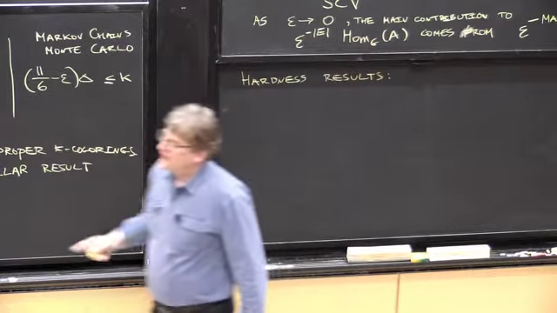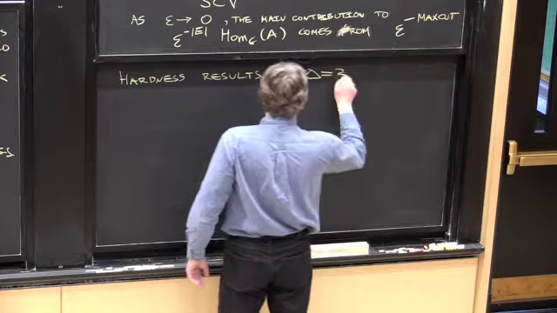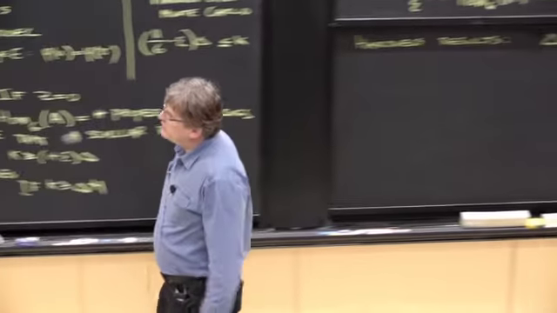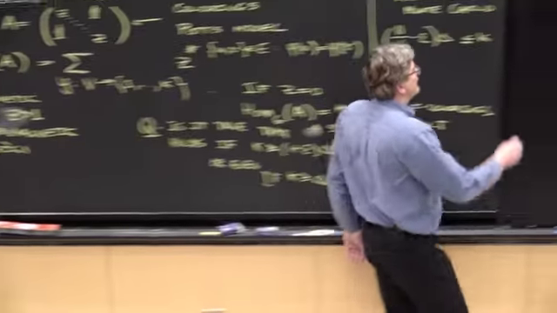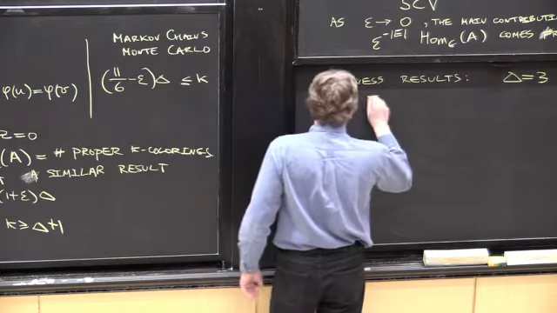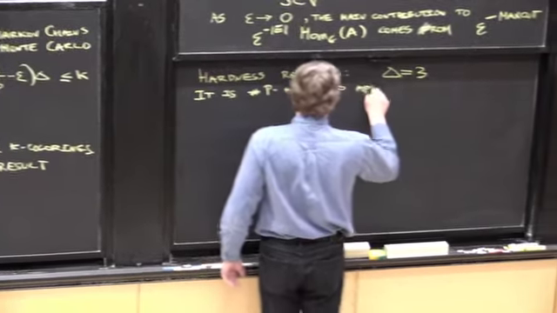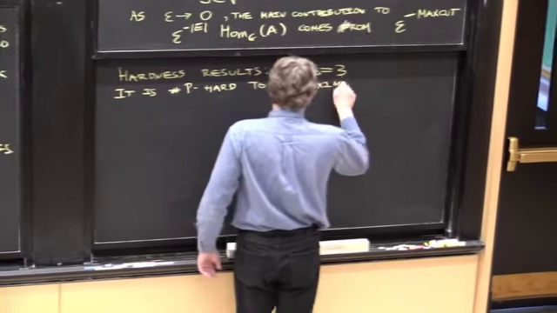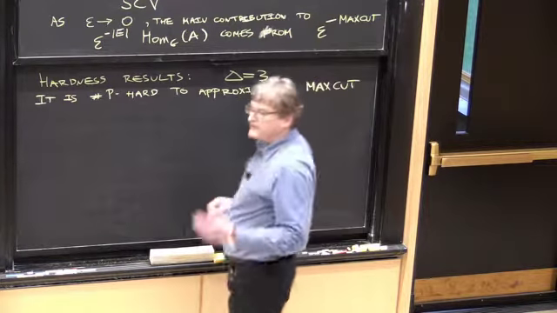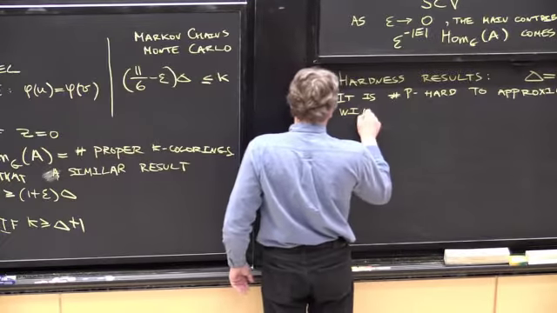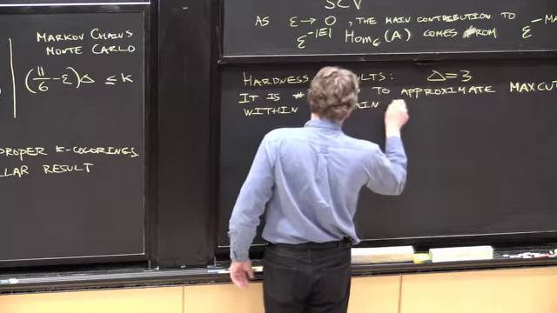So even for delta equal 3, so even for graphs with the largest vertex degree equal 3, it is sharply hard to approximate max cut within a certain constant factor.